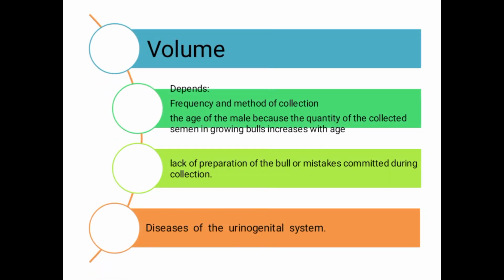Here volume is greatly influenced by frequency and method of collection and the age of the male, because the quantity of the collected semen in growing bulls increases with age.